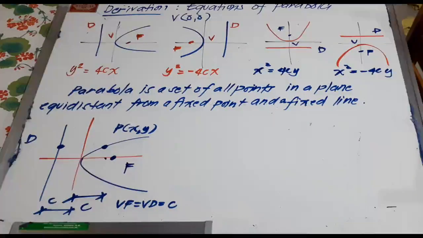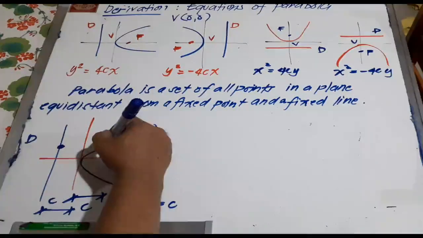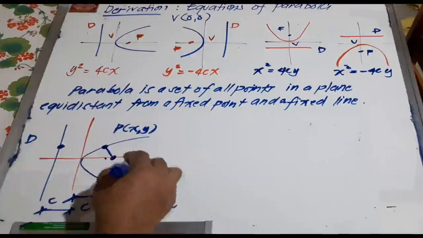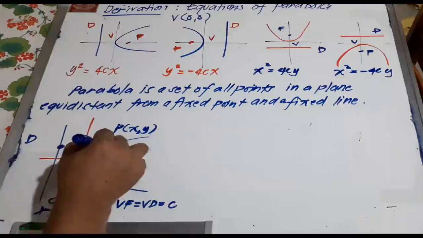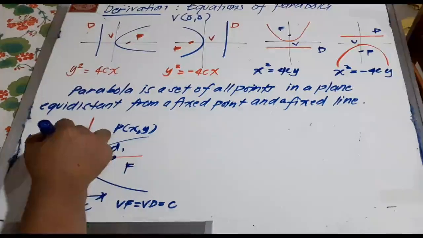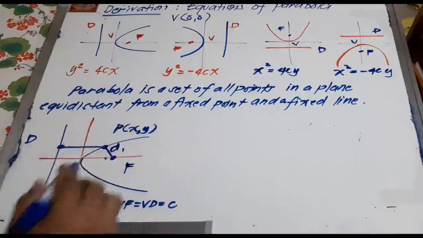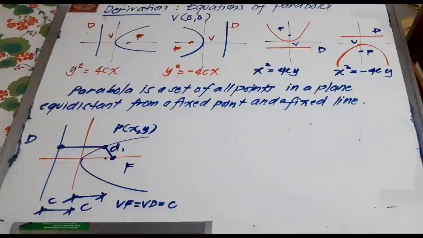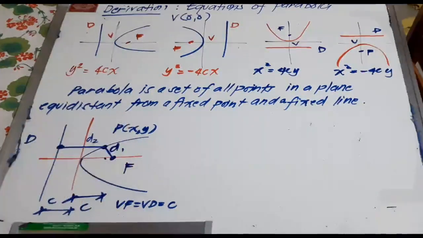Okay? Now, how do we derive our equation? We're going to connect these points, FP. Okay? We call this D1. And then we're going to connect this point P to the directrix. Directrix is parallel to the y-axis, and we take its horizontal distance and call it d sub 2.